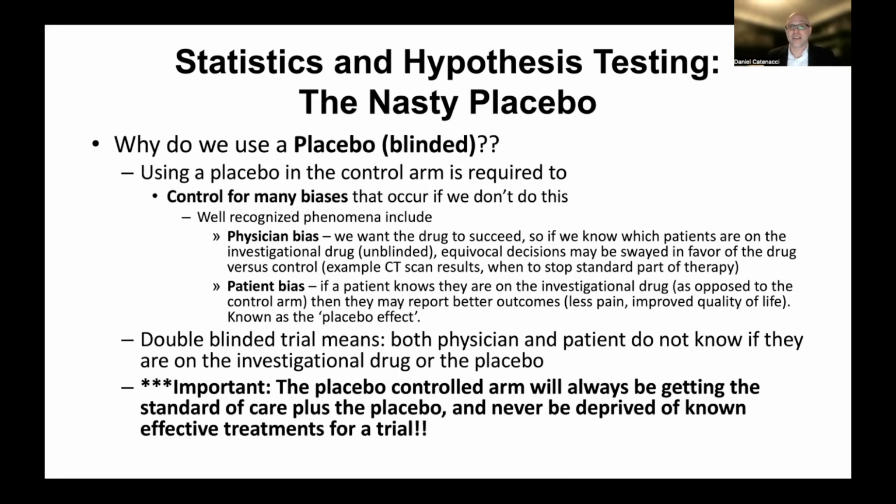The other thing to say is that I mentioned that there'd be a 50% chance of getting the drug and a 50% chance of not getting the drug and getting a placebo. In recent years, because of the understanding that we know that patients really would prefer not to have a placebo, the ratio of the numbers of patients getting an investigational drug versus placebo can be changed.